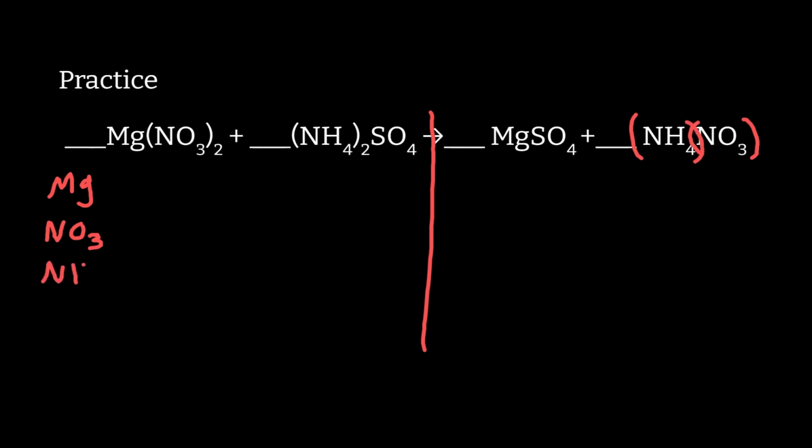So this is our NH4. And then we also have our SO4, which is the same on both sides as well. So we're able to keep the SO4 together. And we're going to have the same thing on the product side as well.